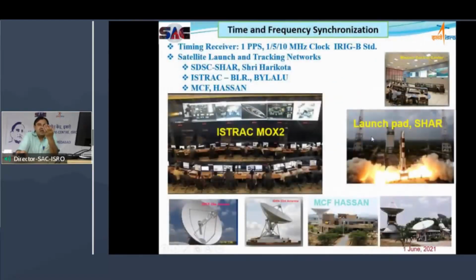Similarly, we have our own launch vehicle program. Sriharikota, from where we launch our satellites or rockets, all these earth stations and timing stations are now synchronized with our NAVIC timing. As I said, this navigation system not only gives me location, but it also gives me information about the timing. So what is the time of the day at that particular moment?